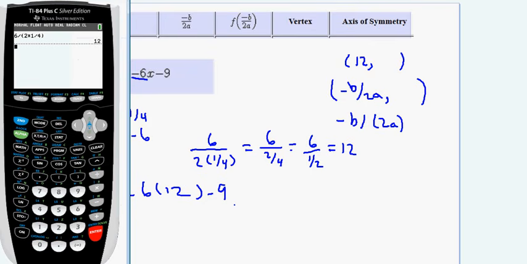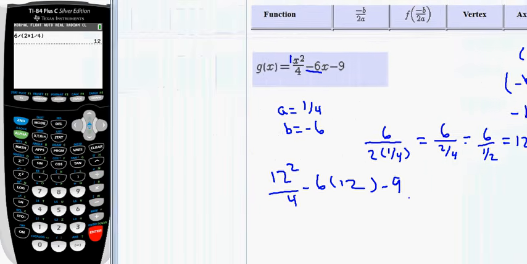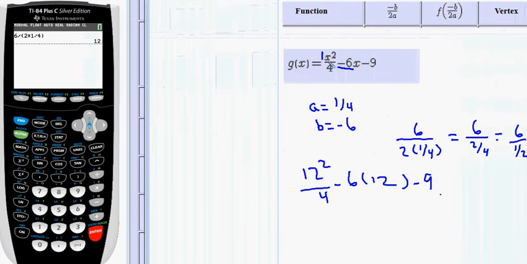So I'm going to be placing 12 in for x here. So that's going to be 12. The squared key is right here. Divide by 4. And then subtract 6 times 12, replacing x with 12. So I've got my 12 squared over 4, subtract 6 times 12, don't forget subtract 9.